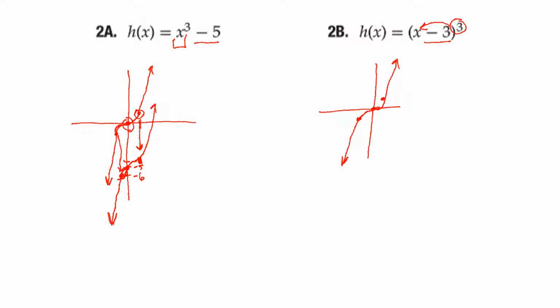Now, this is opposite land because it's inside with the x. That means I'm going to move plus 3 horizontal units. 1, 2, 3. I'm going to make a fourth mark. So this 0, 0 is going to go 1, 2, 3 places and end up here. Then I still have this diagonal that I keep. And here is my new graph.